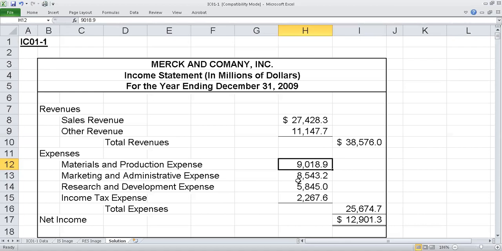So please don't think that you put a number in parentheses to indicate subtraction, because in general, we don't do that on financial statements. It's not a common practice. Again, with the exception of the statement of cash flows.